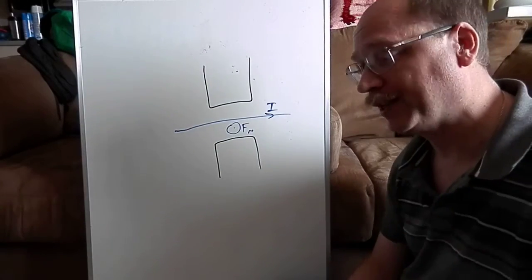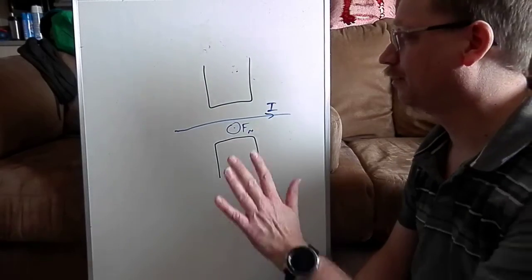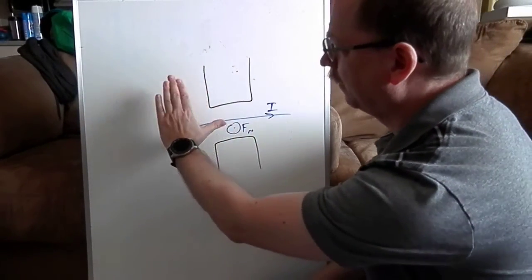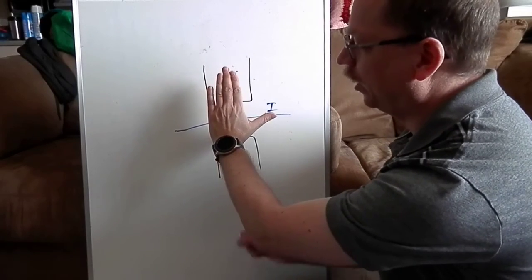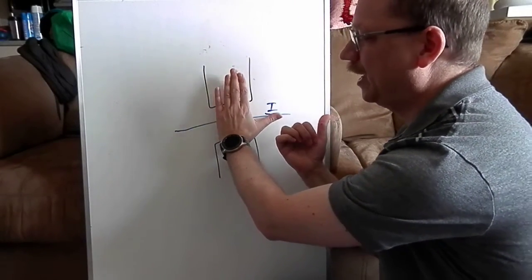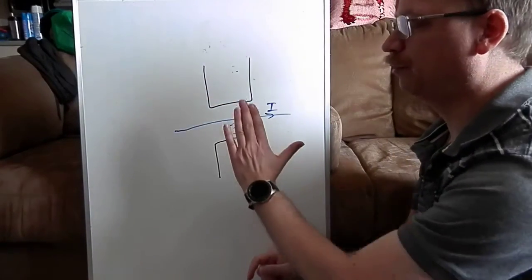Okay, so for this one, I'm going to start with the current in the wire, and I'm just going to make sure that on my left hand for electron flow current, my thumb is pointing that way for the direction of the current. But now I'm pushing the wrong direction because I'm pushing into the board and I'm supposed to be pushing out.